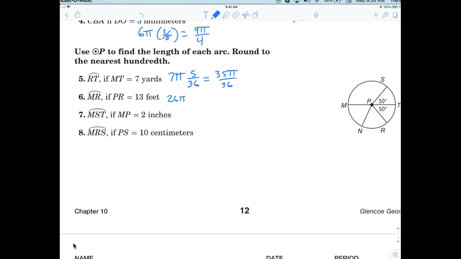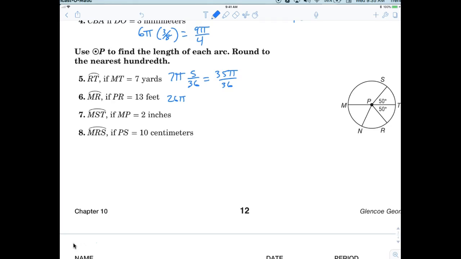So the rest of it has to be 130. Is everybody with me? TR is 50, so RM is what we're looking for. 180 minus 50.